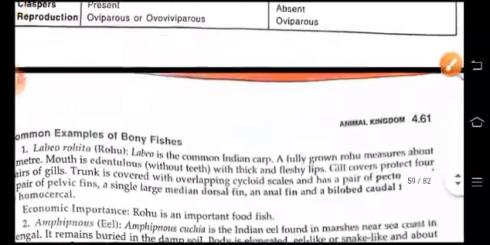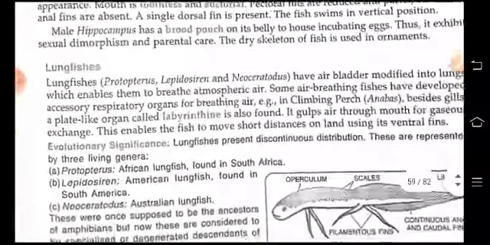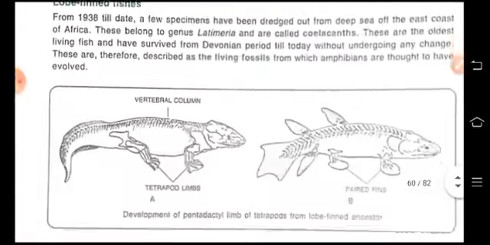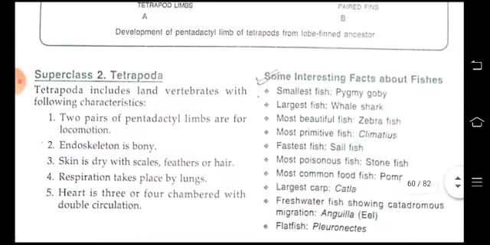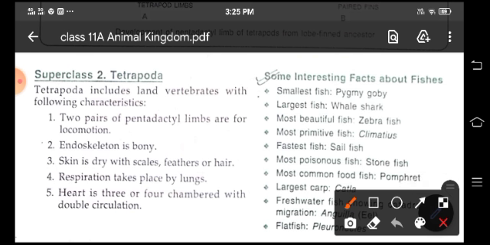Now next is the superclass Tetrapoda. Tetrapoda includes the land vertebrates and they have characters like two pairs of pentadactyl limbs which are meant for locomotion.